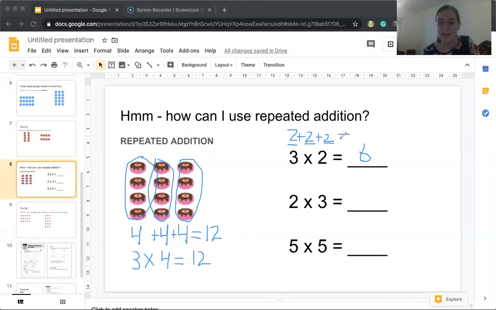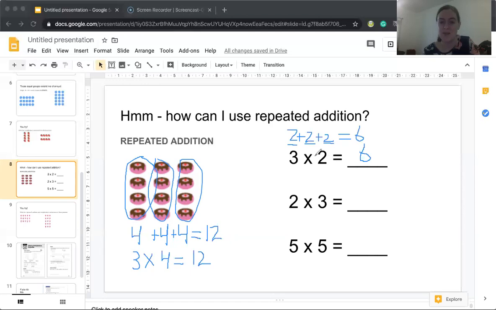So I could add that to find the answer, to find the sum of the addition sentence, the product of the multiplication sentence. They'll have the same answer. 2 plus 2 is 4, plus 2 more is 6. So see how I could use repeated addition to find that answer as well.